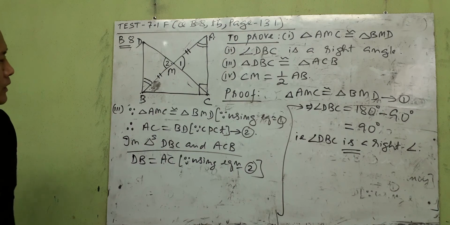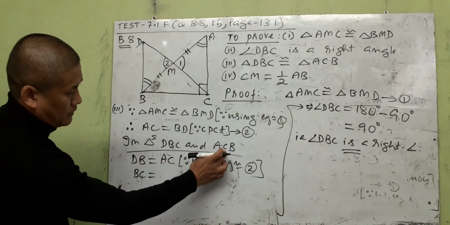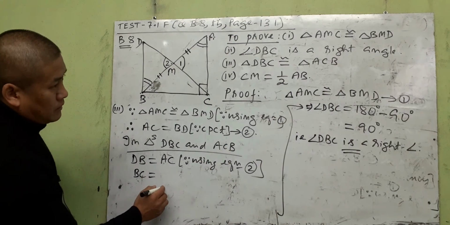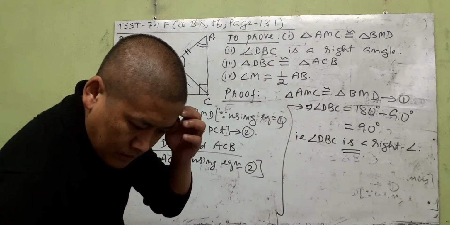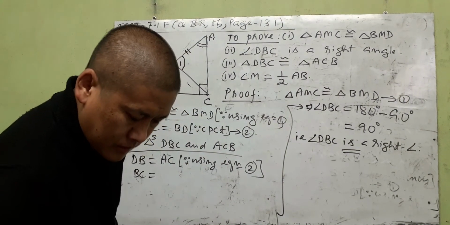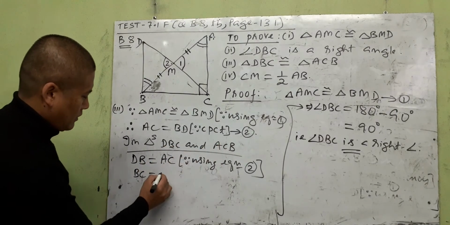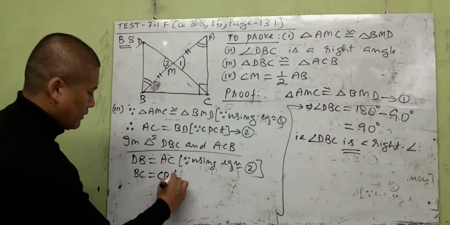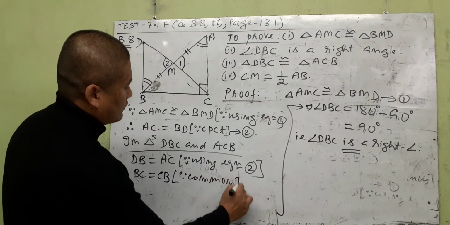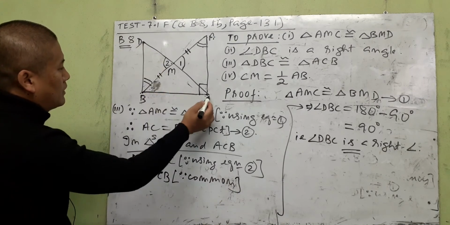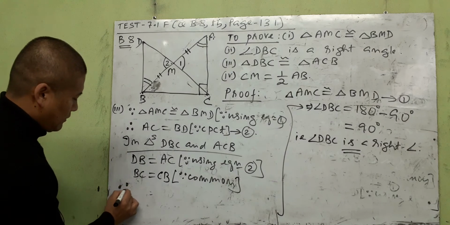Then this side BC, the second and third letters, is equal to CB, the second and third letters of SCB. CB or BC, same thing, since it is common. This side is common to both triangles. Then let us find the angle between these two.